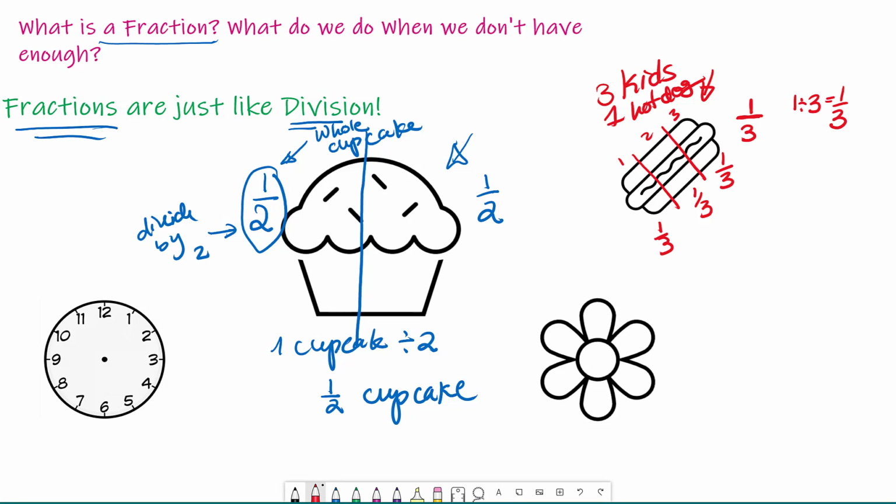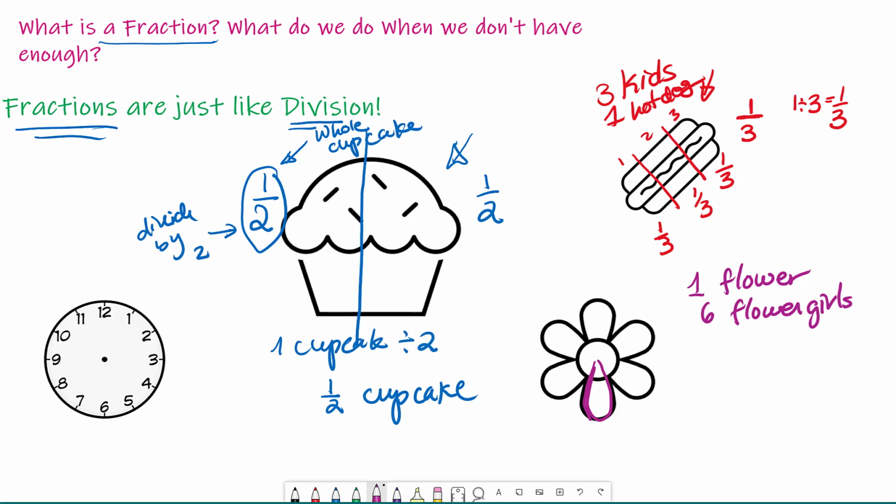Can we look at another example? Well, let's look at this flower here. So now let's try to divide. We have one flower, and we have, say, 6 flower girls. And they all want to hold the flower, but obviously they can't. So we can divide this flower into 6 because luckily we have 6 petals, right? So we can do it like this.